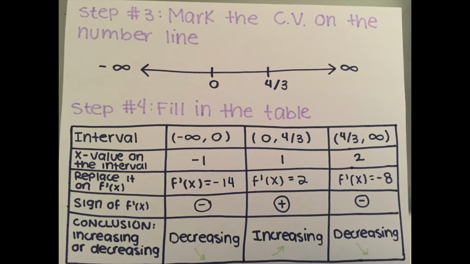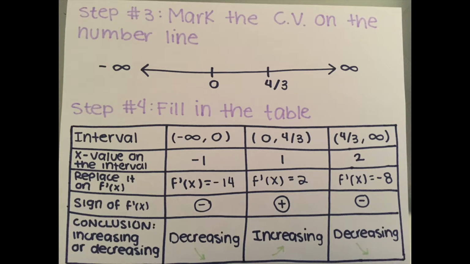Now we need to replace it in the first derivative, which is minus 6x squared plus 8x. We substitute x by the x value, and in the second column we get minus 14, then 2, and then minus 8.